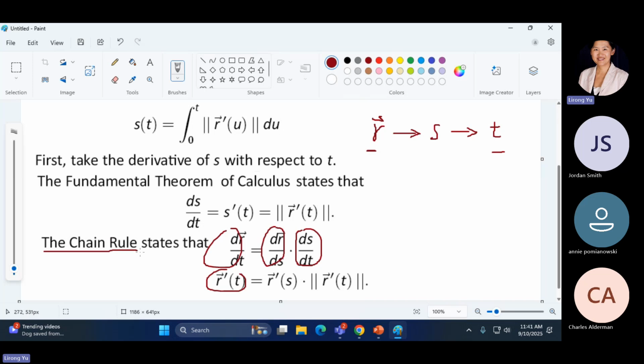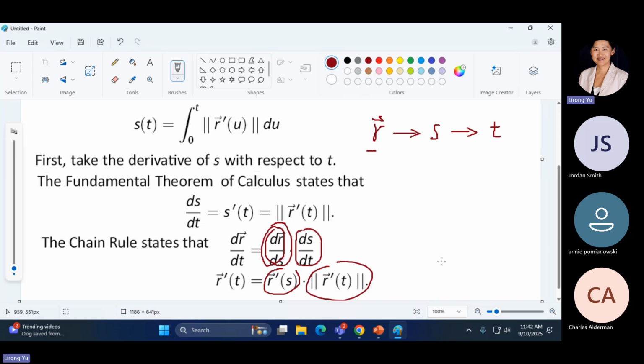It's a chain reaction between the three variables. Now, since we have this relation, dr/dt is r prime(t) essentially, and dr/ds is the r prime(s) if we change the variable to s, and then ds/dt is the magnitude of r prime(t).